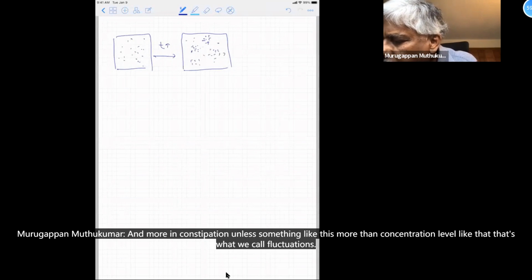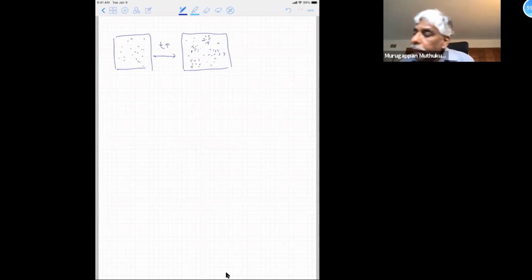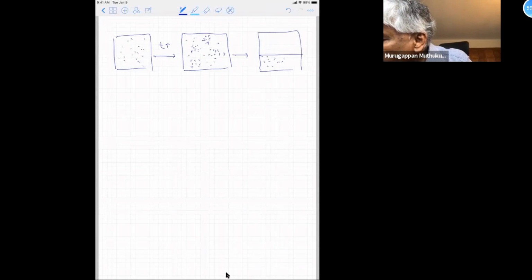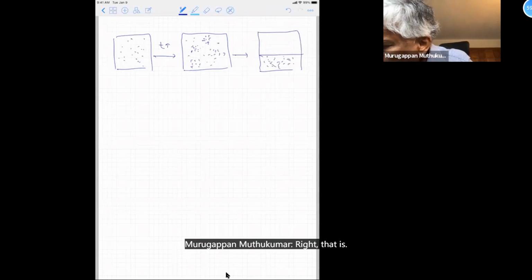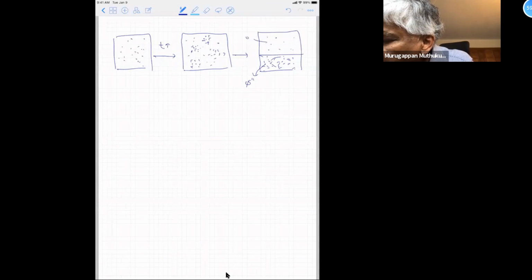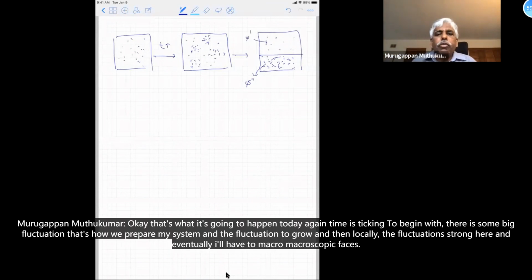That's what we call fluctuations. And eventually, of course, we'll have here all very high, that is phi double prime, and then less dense. That is your phi prime. Okay, that's what is going to happen.